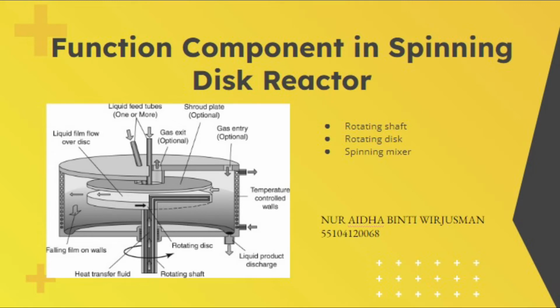Thank you, Nisa. My name is Nur Aida binti Rujusman. I will explain about the function of the components in the spinning disc reactor. There are 3 components in the spinning disc reactor, which are rotating shaft, rotating disc, and spinning mixer.